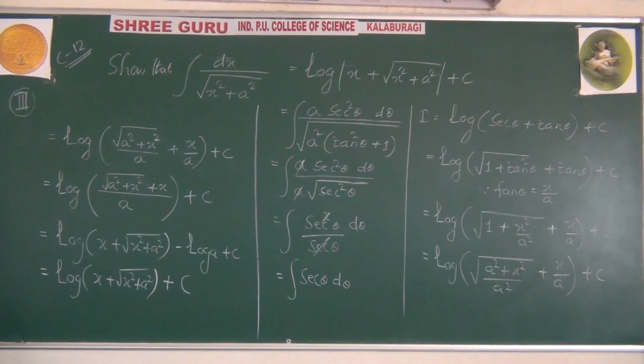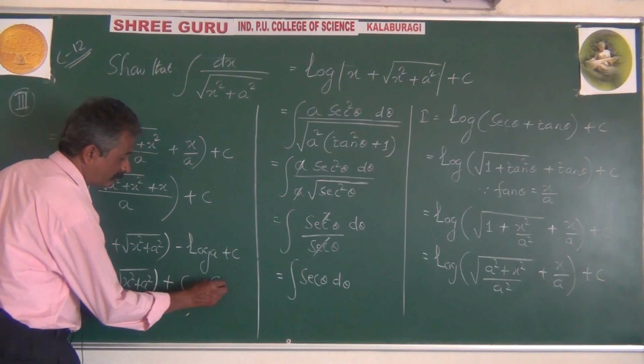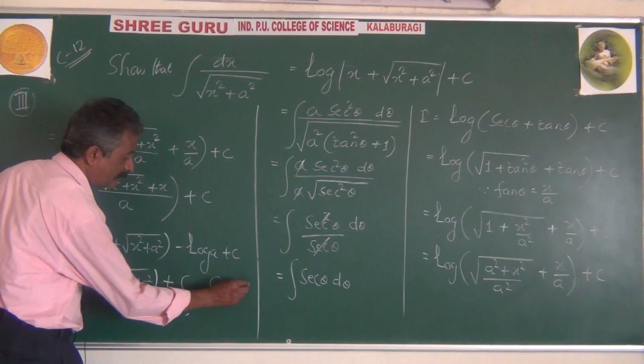Constant does not matter because it is arbitrary. That's the required answer. You can write here where capital C equals small c minus log a.